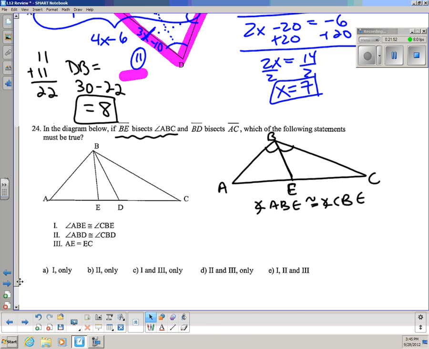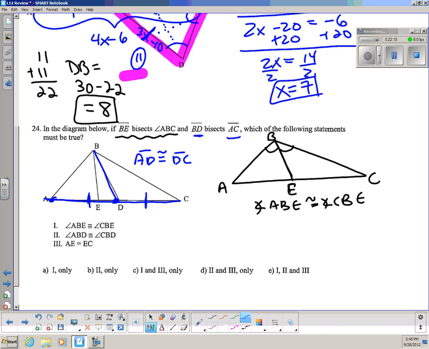Now, BD is bisecting AC, this guy. So now AC is getting cut into two equal pieces, namely AD and DC. So we know AD is congruent to DC. And now we have to look at the choices. Roman numeral 1 says angle ABE is congruent to angle CBE.